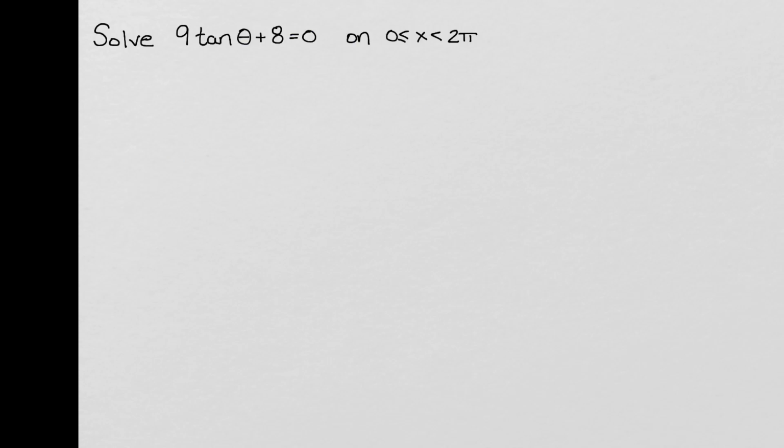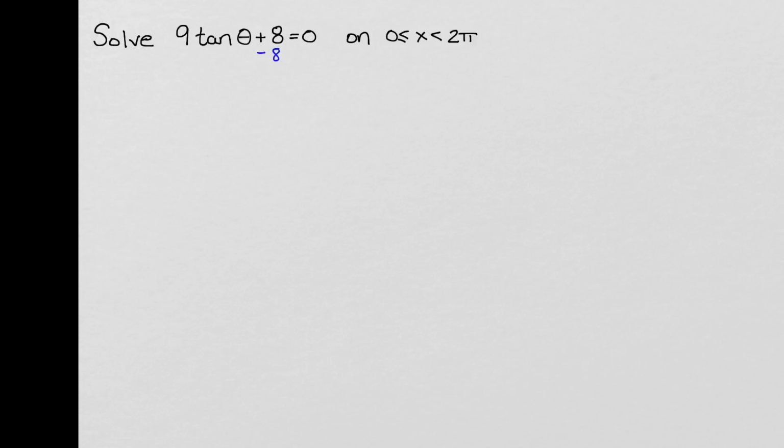We've got 9 tangent theta plus 8 is equal to 0. So I'll start off by solving this just as a regular old linear equation, and then when I get to tangent of theta equals whatever, then I'll go ahead and take the inverse tangent of both sides. So I've got 9 tangent theta plus 8 equals 0.